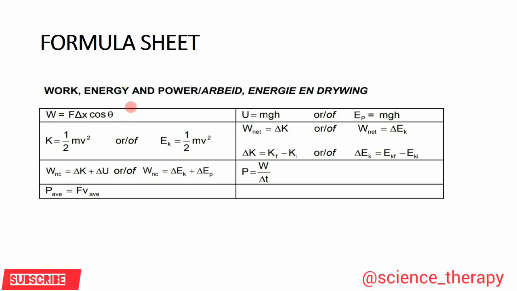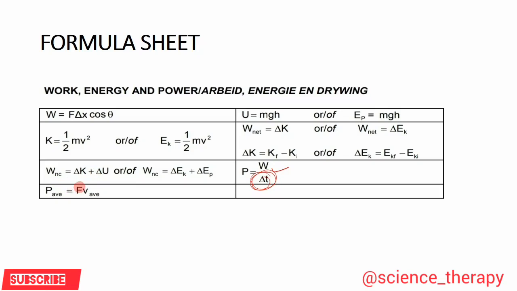Now at this point, choosing our formula, we have 2 formulas for power, which is this one to calculate P average and also that one. We do understand that we'll be using this one only if we are given change in time, right?